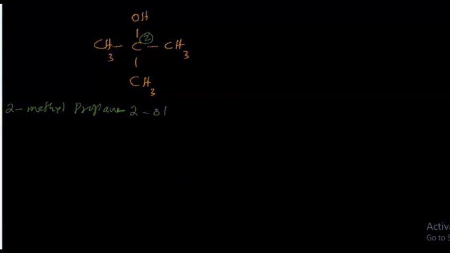If we add just one more carbon on any side, like this was the structure. Okay, now if I add one more carbon, now this is the longest chain which contains four carbons.